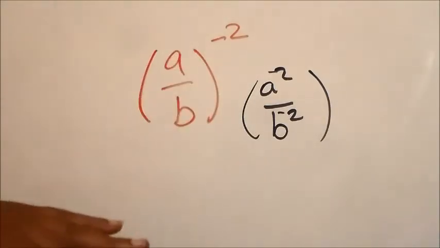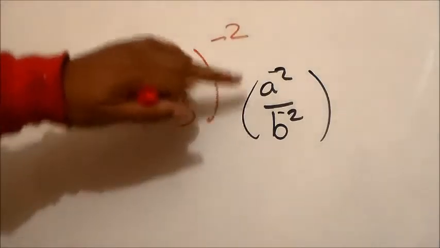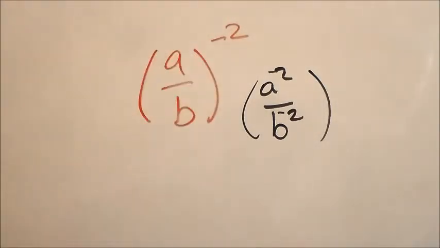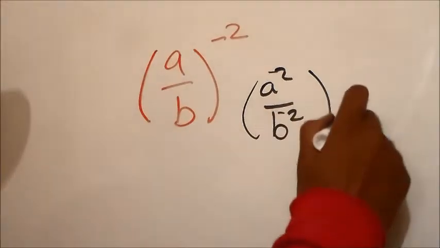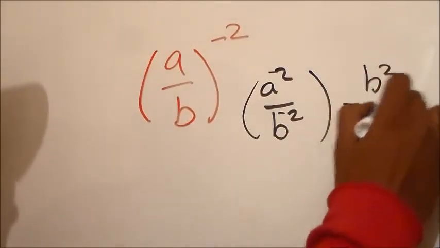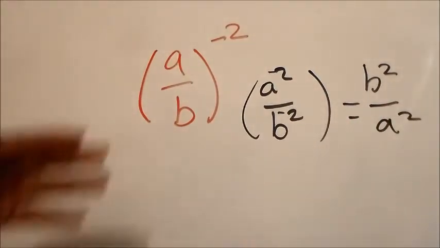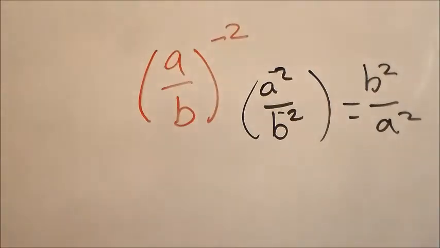So what's going to happen if we applied our rule? Both of them, A is going to go downstairs, B is going to go upstairs, and they're both going to change their mood. So this is going to equal, and make sure we got enough real estate, B squared over A squared. So with the negative number, we're going to change our mood.